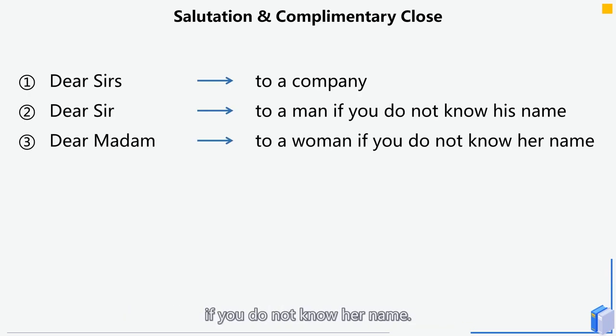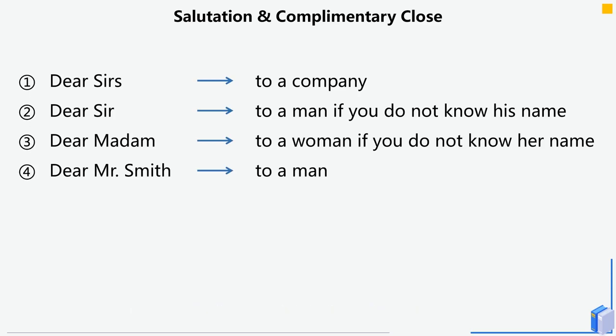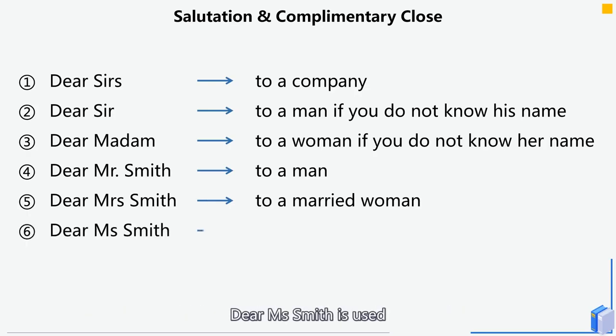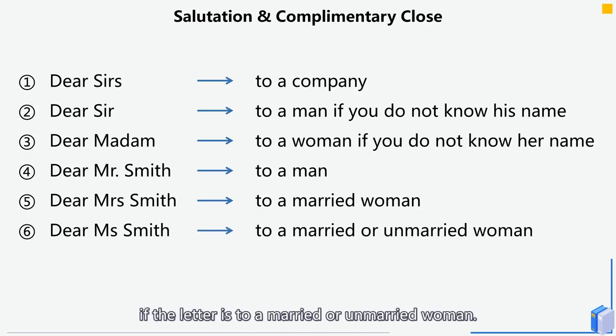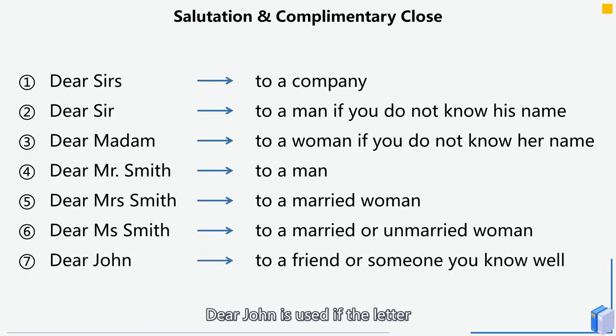Dear Mr. Smith is used if the letter is sent to a man. Dear Mrs. Smith is used if the letter is sent to a married woman. Dear Ms. Smith is used if the letter is to a married or unmarried woman. Dear John is used if the letter is to a friend or someone you know well.